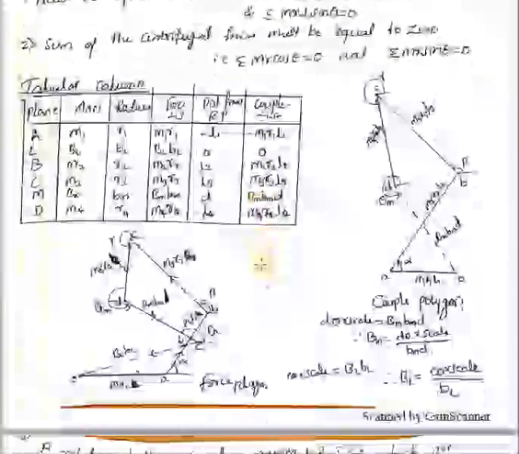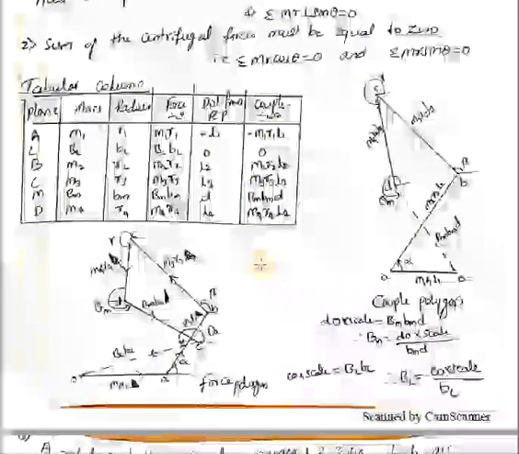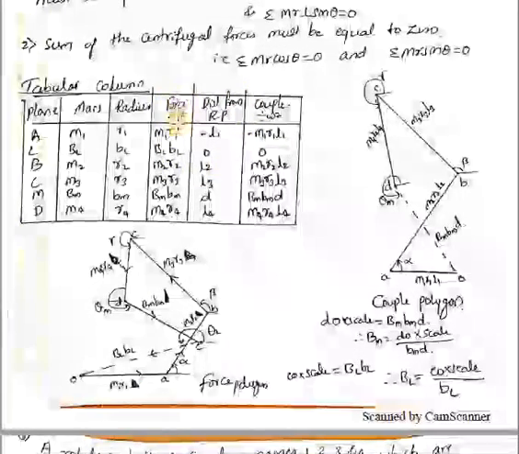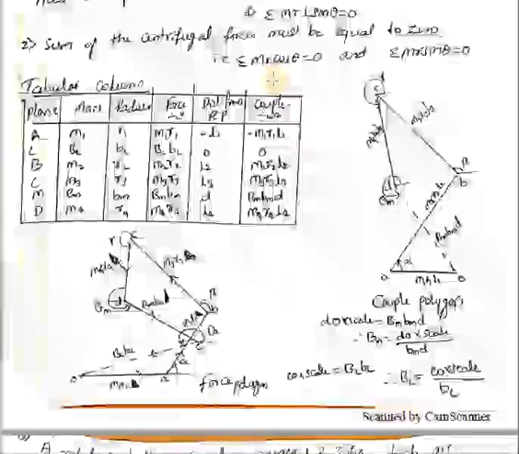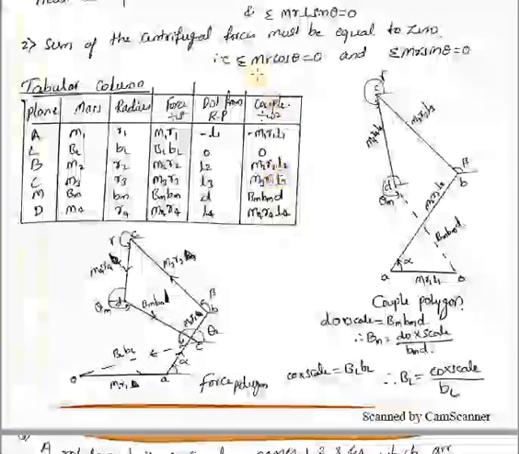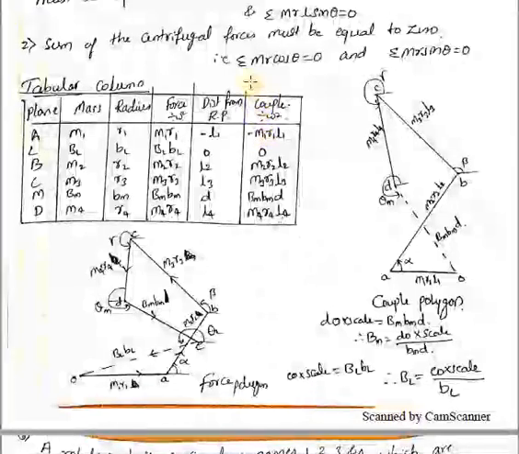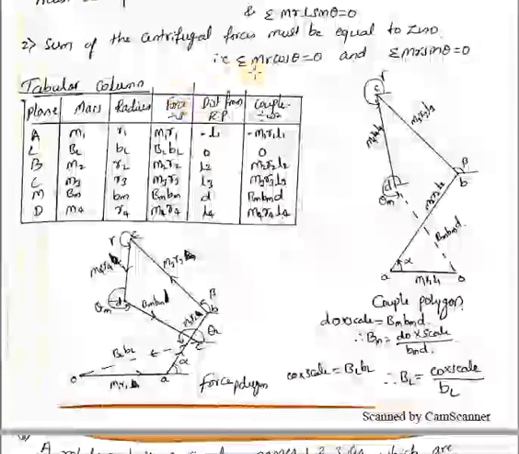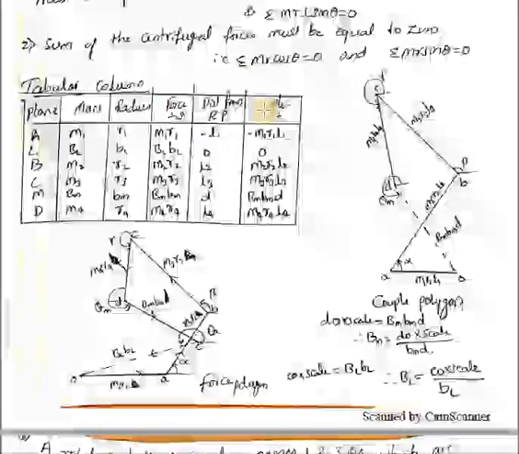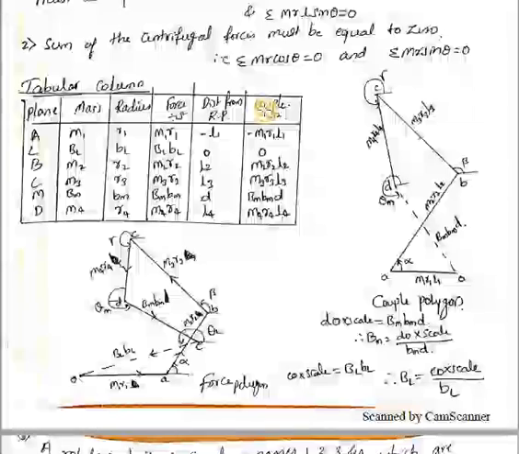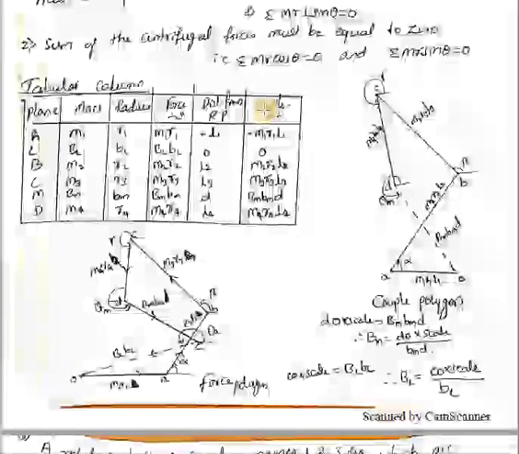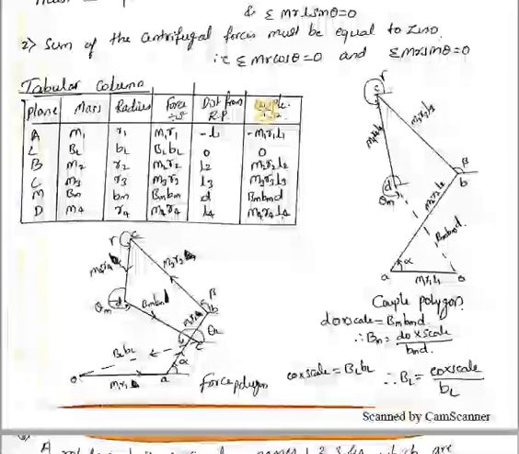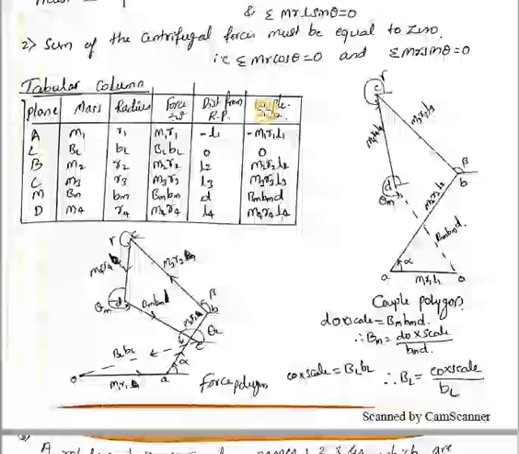After this, the very first step is you need to observe two columns in this tabular column. The first one is the force column and the second one is the couple column. In these two columns, you need to decide which diagram you have to draw first, whether you have to draw the couple polygon or the force polygon. The only thing is you need to select the column in which you have the minimum number of unknowns.